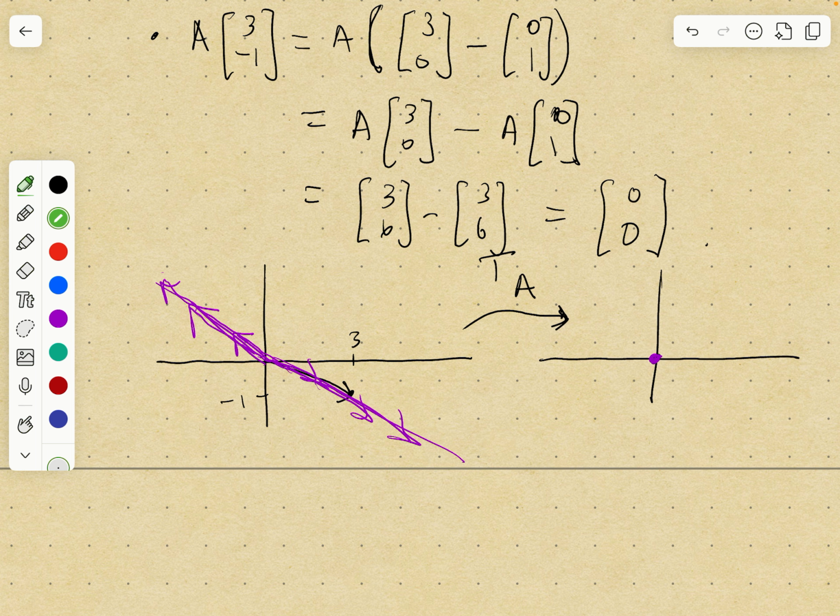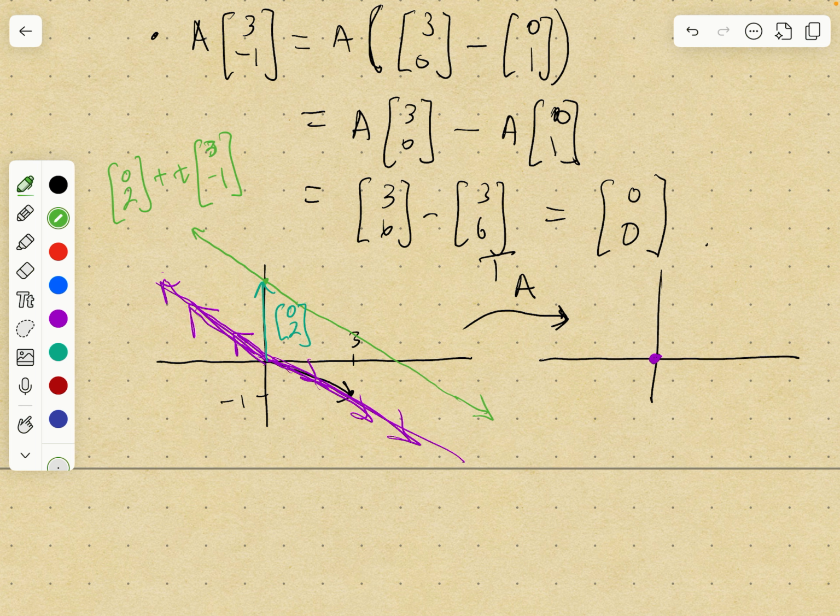Now what happens if you take a line that's parallel to this line? So let's say I take this green line that's parallel. Let's say this vector here is 0, 2. Then I can describe this green line as 0, 2 plus any scalar multiple of 3, negative 1. Where is this line going to go?